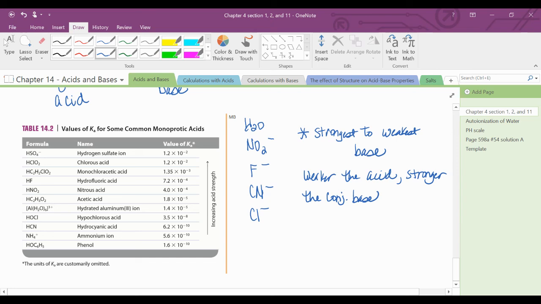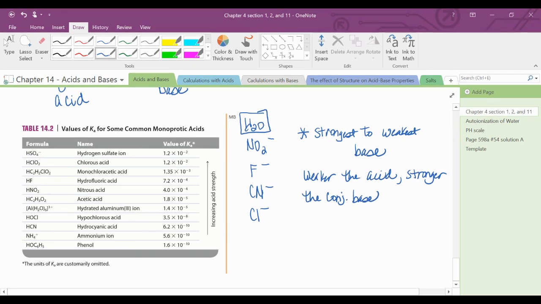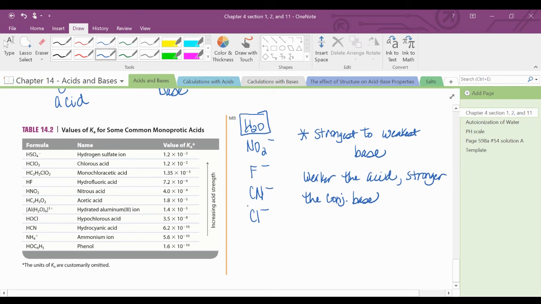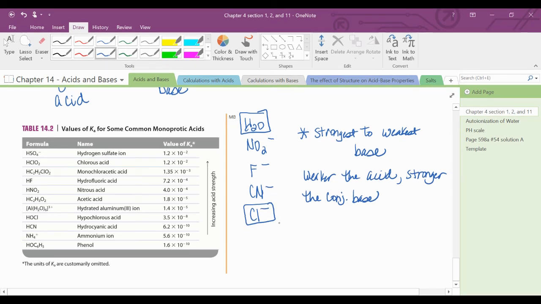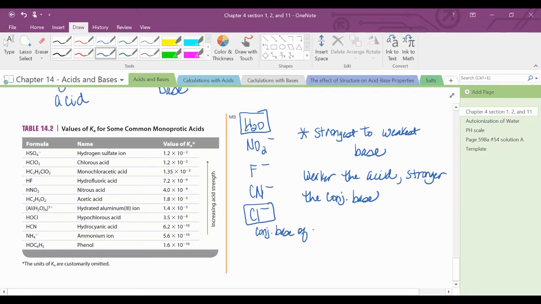Okay. All right, so we want to first of all recognize that we have water. The second species we want to recognize is this chloride ion because this is the conjugate base of a strong acid. And that's important because strong acids are not going to have a Ka value.